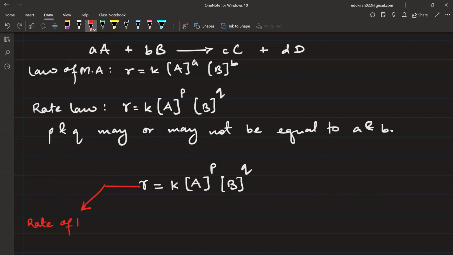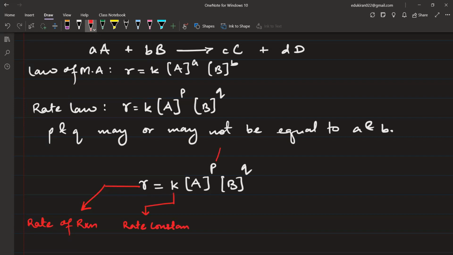Rate of reaction. This K is known as the rate constant.